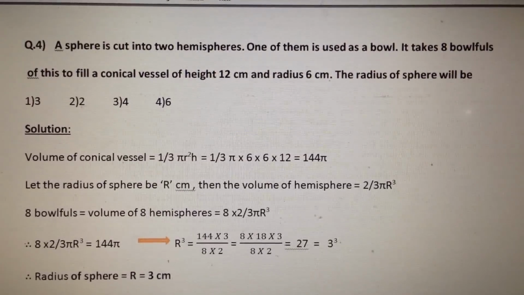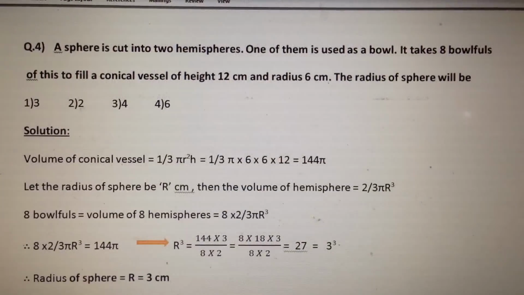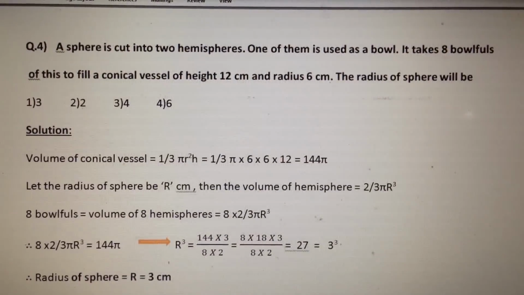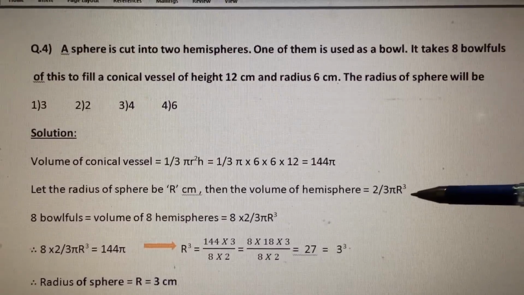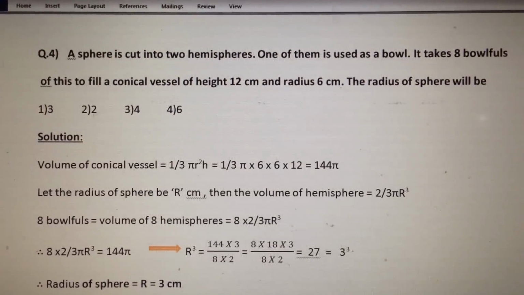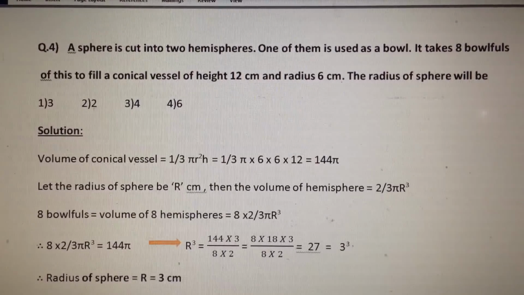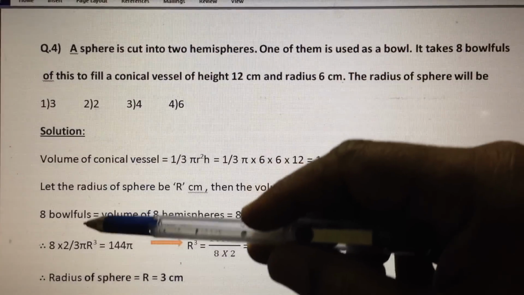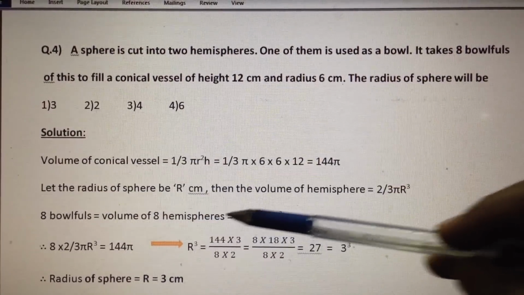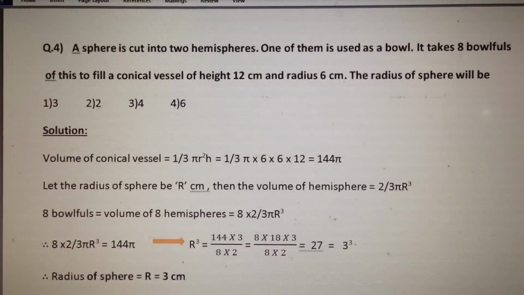Now let us consider that the radius of sphere be r centimeters. Now we know the formula for the volume of a hemisphere is 2 by 3 pi r cube. It is given that 8 bowlfuls of this takes to fill a conical vessel. So 8 bowlfuls is equal to 8 into 2 by 3 pi r cube, which is equal to 144 pi.